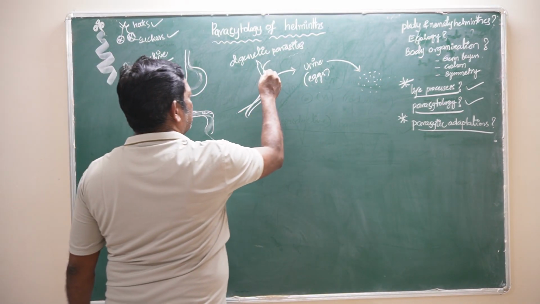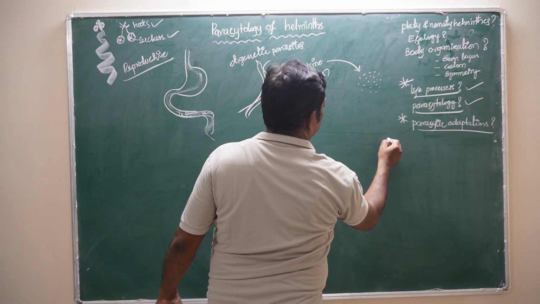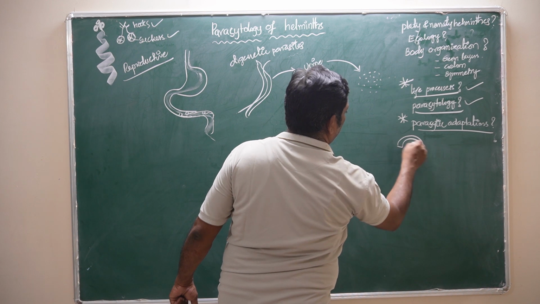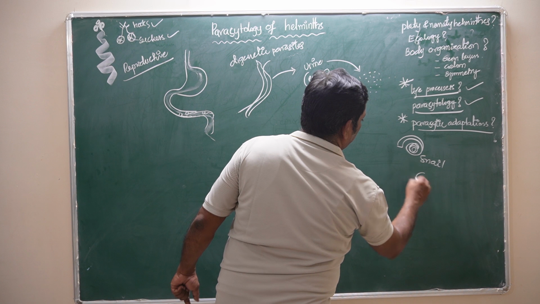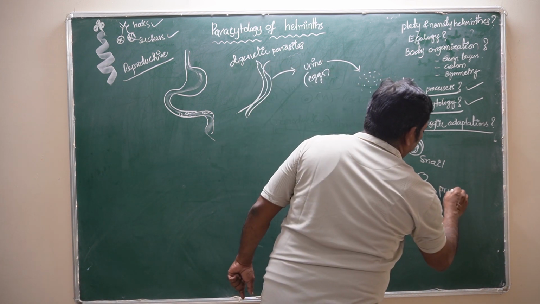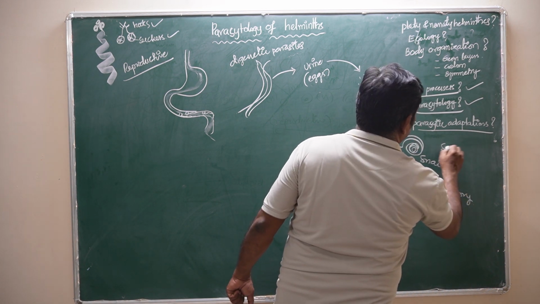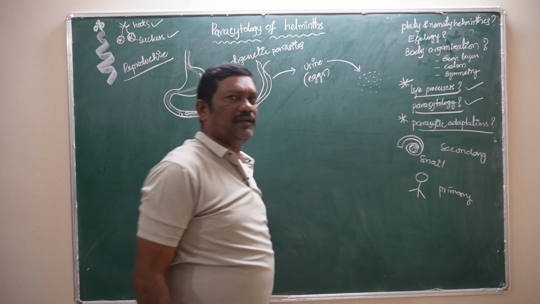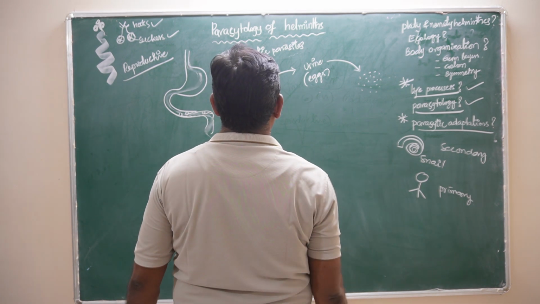One host is the snail. Human being is another host. Human being is the primary host. Snail is the secondary host. I'll tell you why they are called the primary host and secondary host.